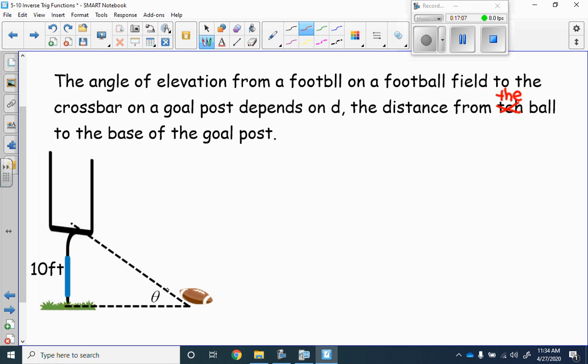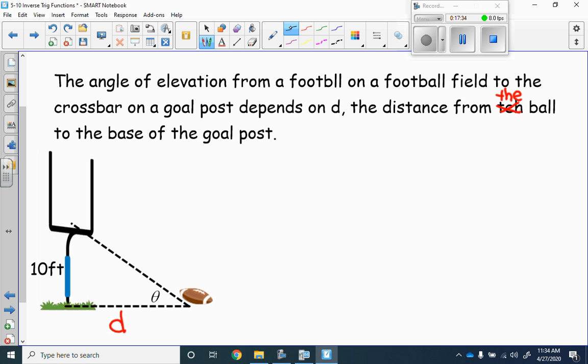Okay, so here's theta. So what we're going to try and do here is come up with a formula or an equation for theta. So right here is D.